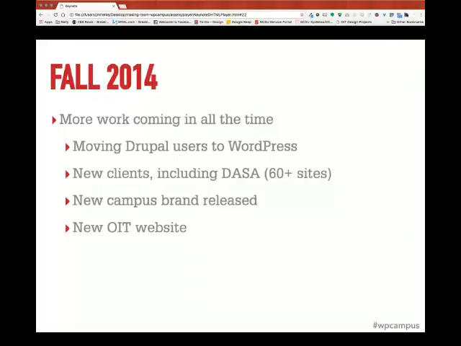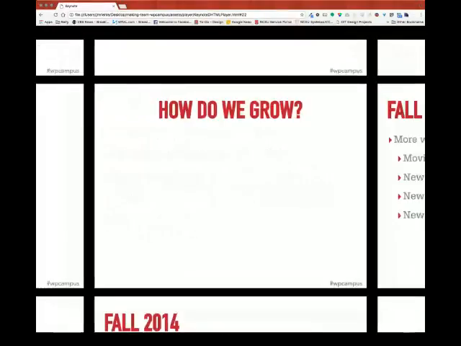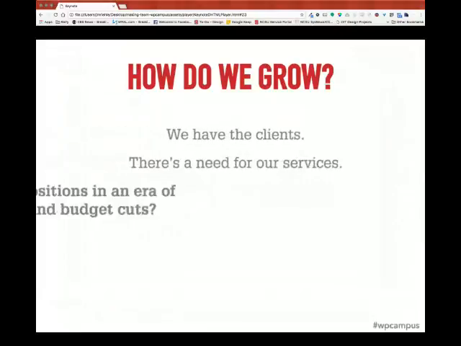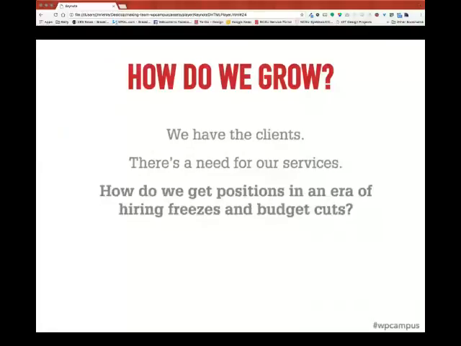We also had the NC State campus brand update, which came out in summer to fall of 2014, so we didn't have enough going on, we were working on that. And we were trying to push out the OIT website, our central IT website. So we were definitely keeping busy, and we knew that we had work lined up, just waiting for us, and that we could absolutely hire another person in a second to help us out.